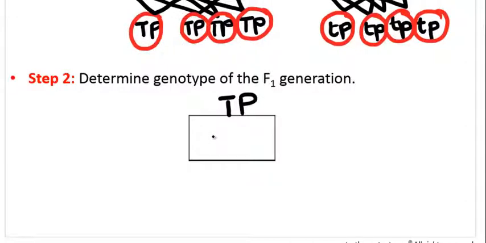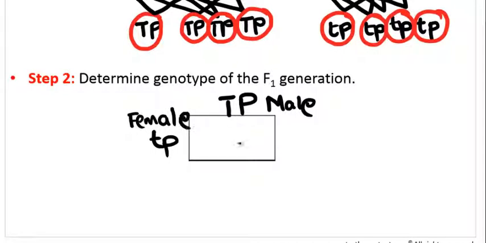So if we crossed a gamete from the dominant parental strain with a gamete from the recessive parental strain, let's say for instance that was the male and this was the female, we would produce an F1 generation that had the following genotype.